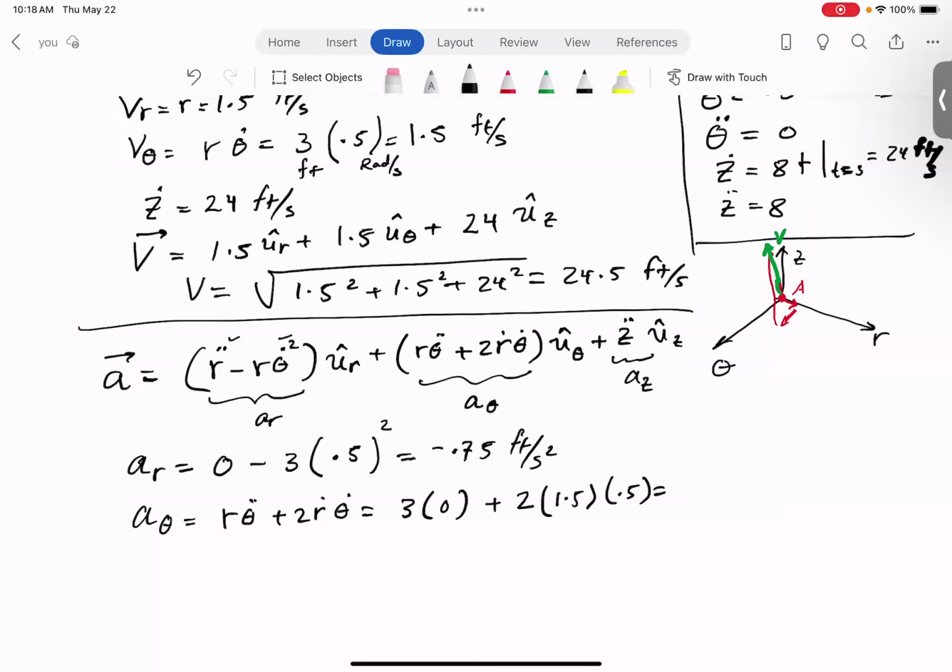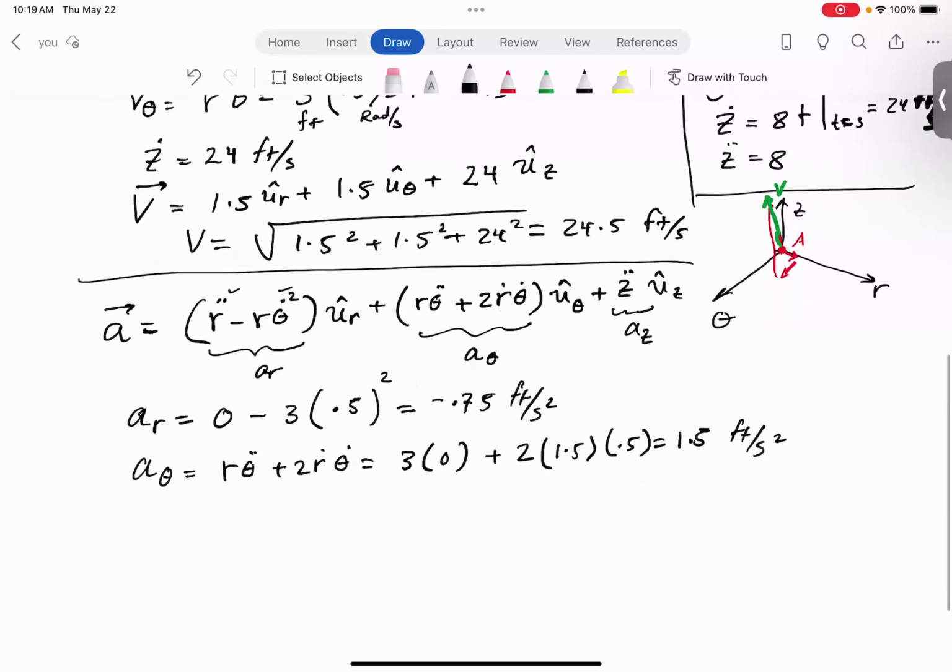So this becomes 1.5. Okay. So that would be feet per second squared.